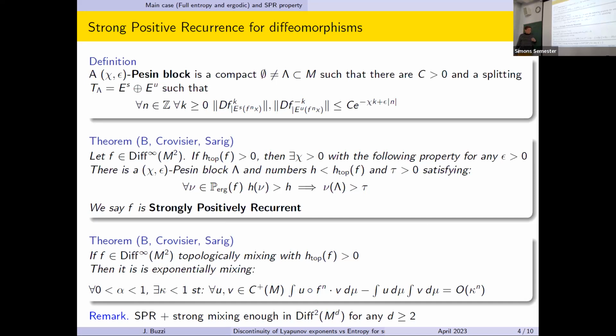So all the measures with big entropy have to see the same Pesin block.